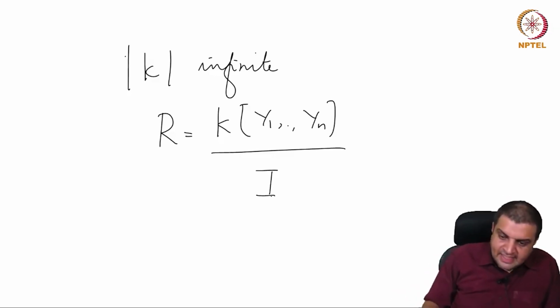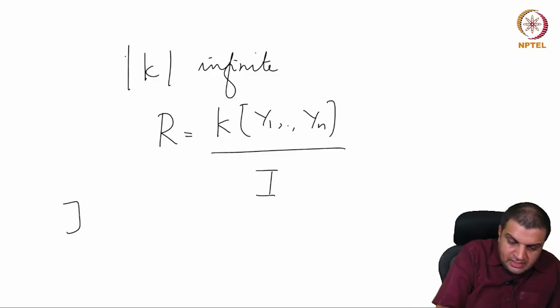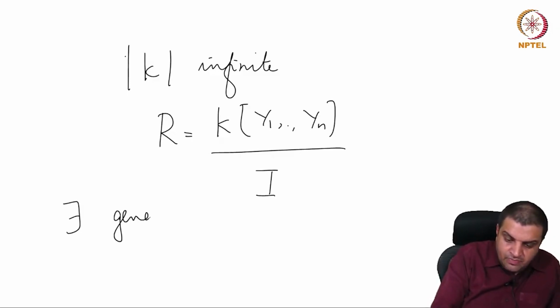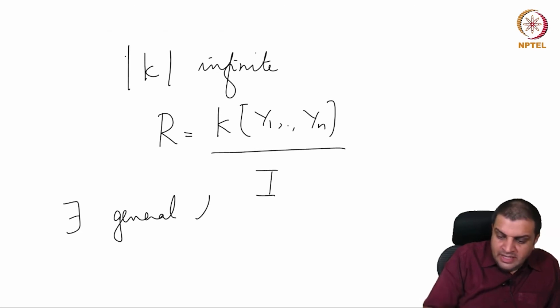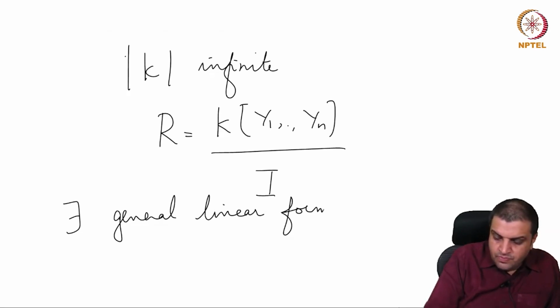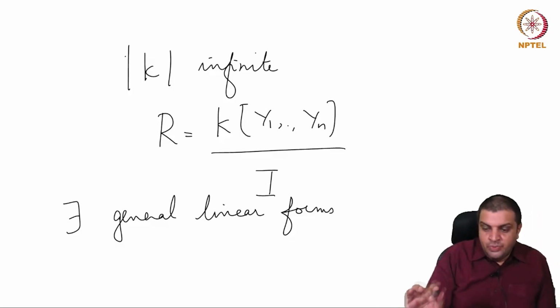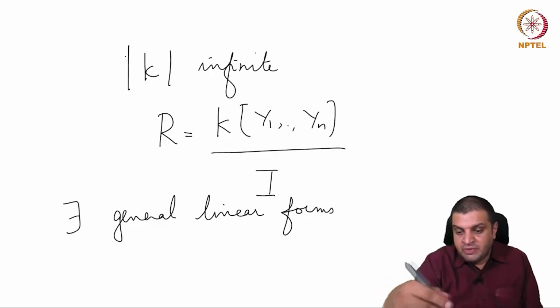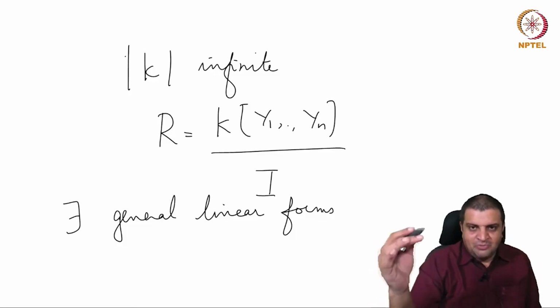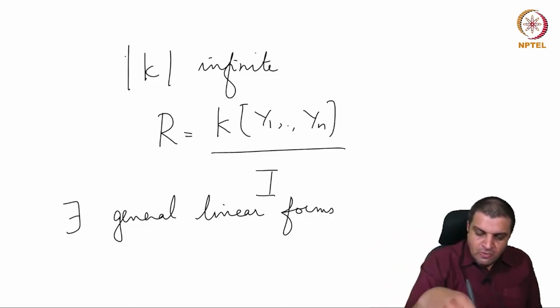So what it says is there exist general linear forms, some d of them, where the value of d we have not yet determined. It will take us a while to understand what d is.